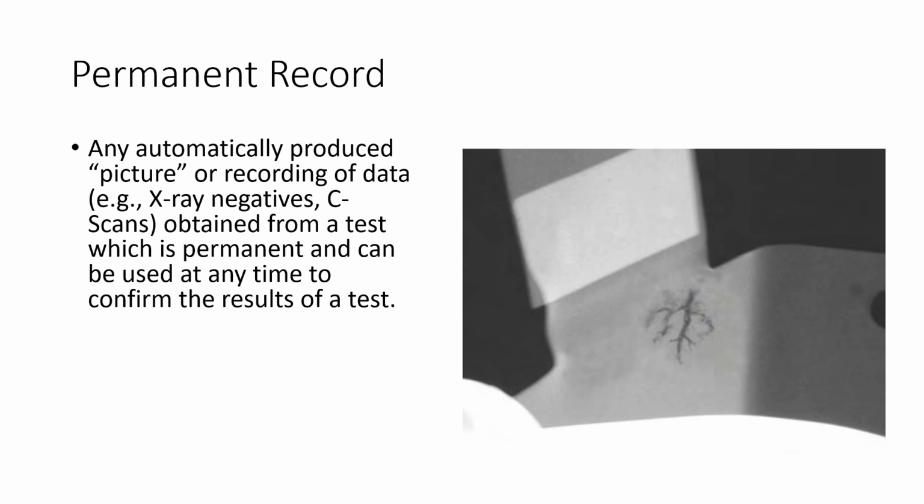We need to deal with that. So just a permanent record, pictures, anything that we can have, like I say, X-rays, radiographs, something that we can use to make disposition of a part, or to confirm that, hey, this is good.